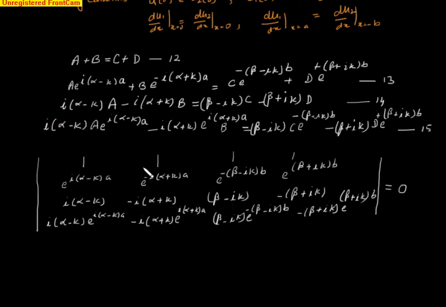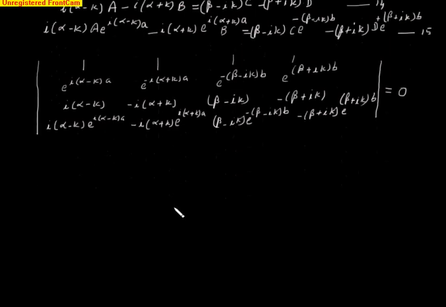Now we have to expand this determinant, but the expansion of this determinant is very tedious, and therefore it is not in the scope of this course to expand it.